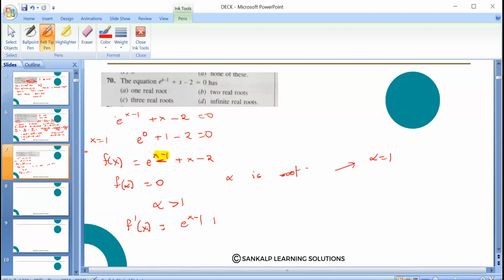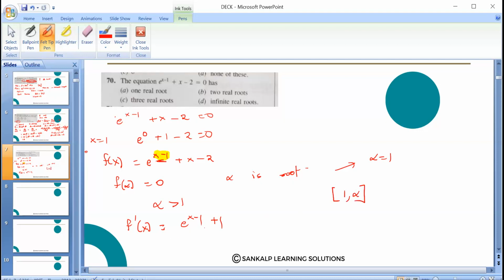Derivative of x is 1. So this is the derivative of f. Because we have alpha greater than 1, the interval is 1 comma alpha.